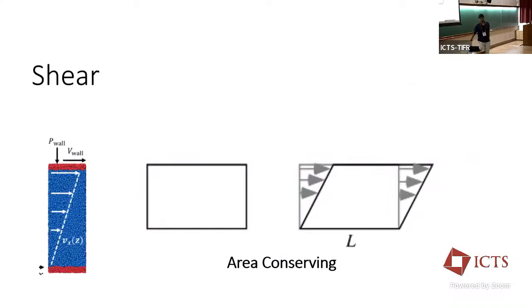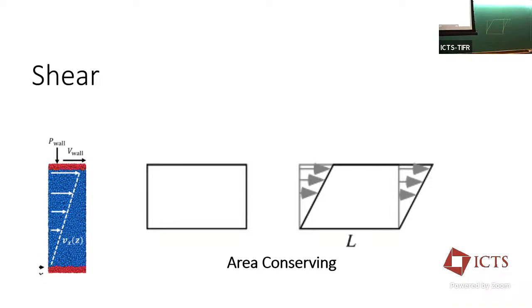So how do you apply shear? Typically, the way you apply shear, and that's how normally we have been taught, is that if I take a solid like this, I pull this one up here, right? So these are area conserving. Now, the problem is we started these experiments trying to be in an area conserving geometry.